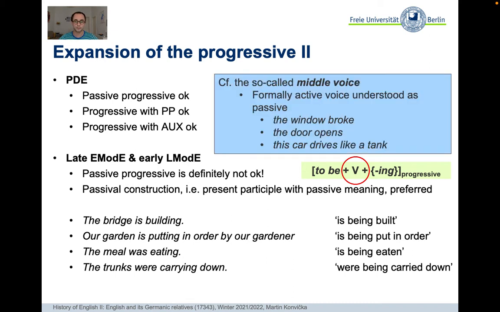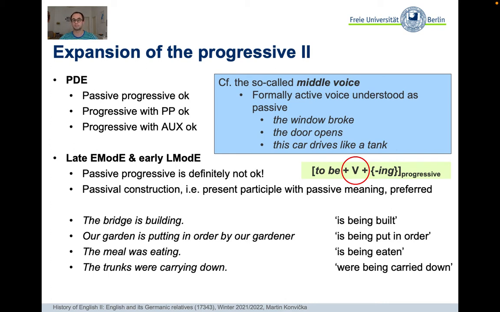So what we have here is something that we also know from present-day English. We call it the middle voice, and sometimes we use formally active constructions, which are, however, understood as having a passive meaning, right? So, for example, the window broke.